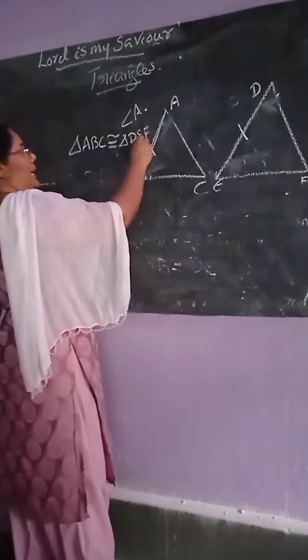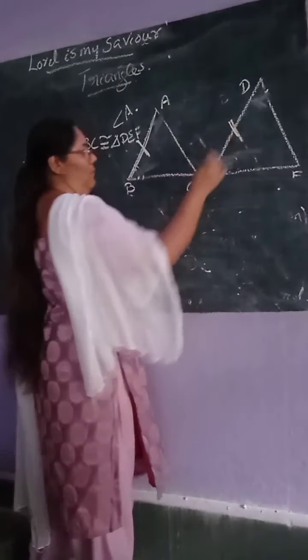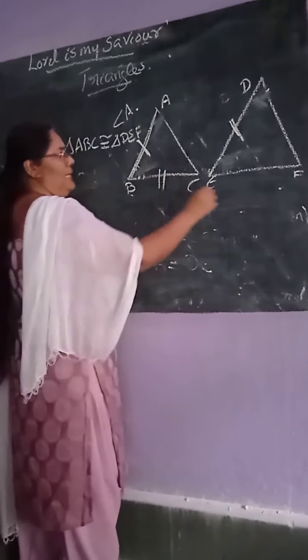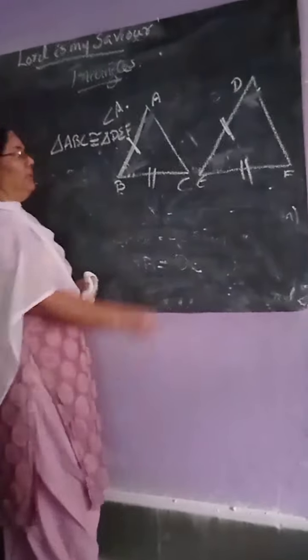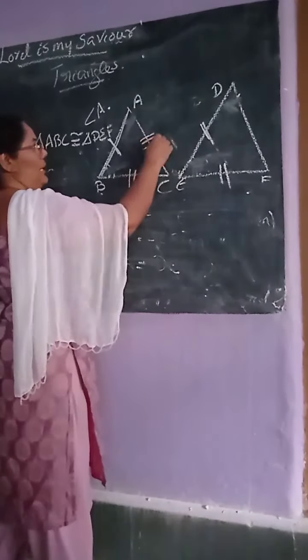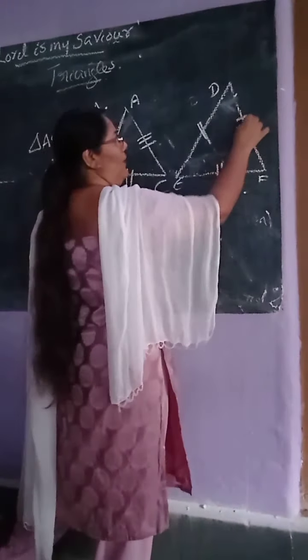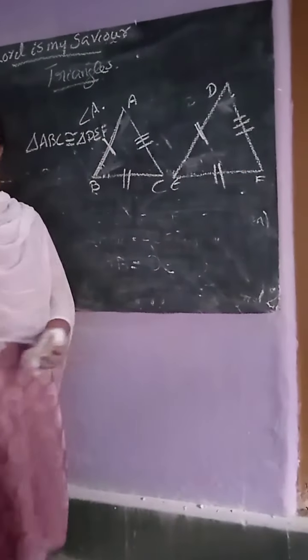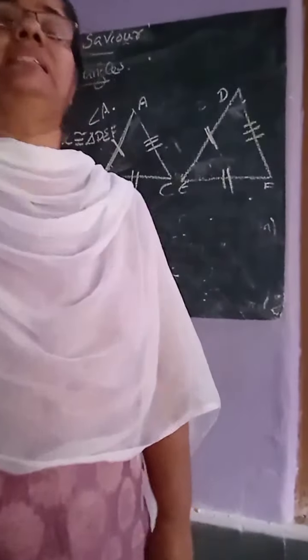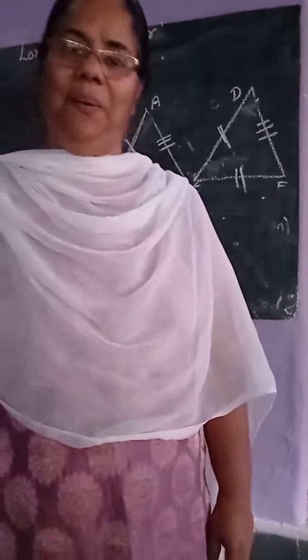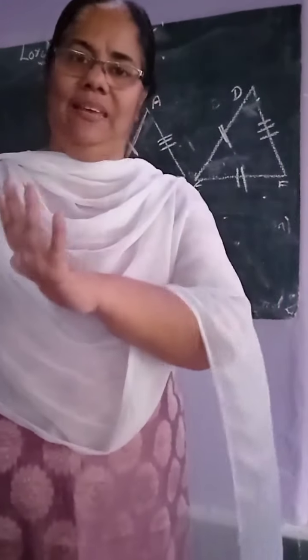Look here, AB one mark, DE one mark, BC two lines, here also two lines, and AC one, two, three lines, and DF also one, two, three. Then how can you state the SSS congruency theorem? Same sentence.